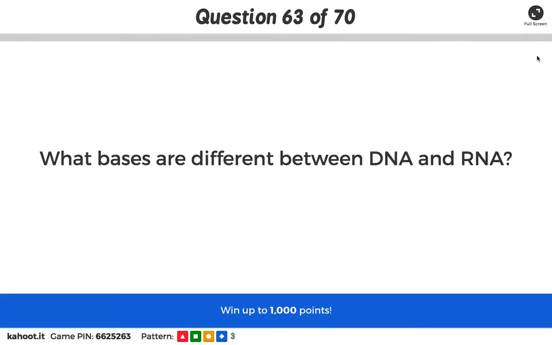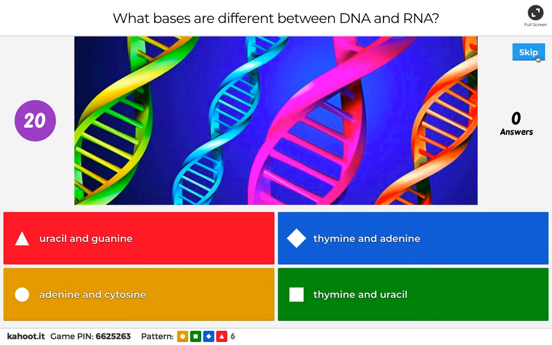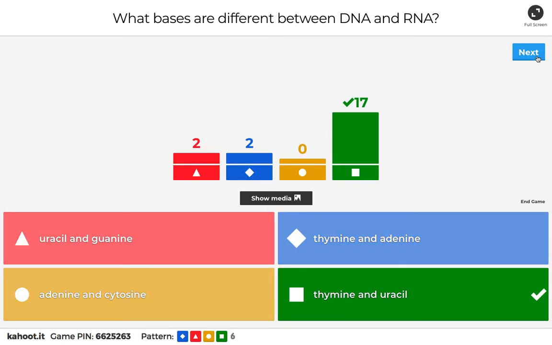Okay. Ooh, what's different between DNA and RNA? Like 7 more questions, then we'll be done. I can give it to you as homework. I'll give you the code because it's really long, Katie.